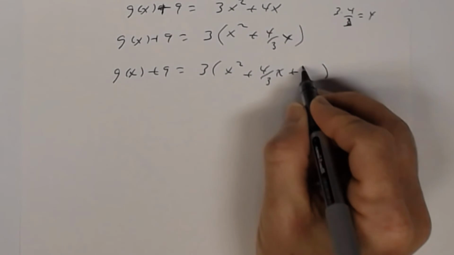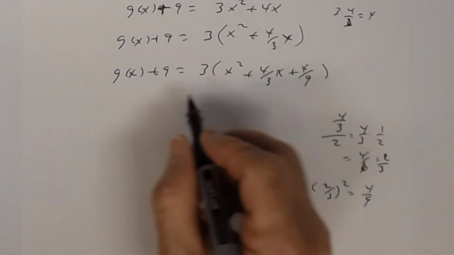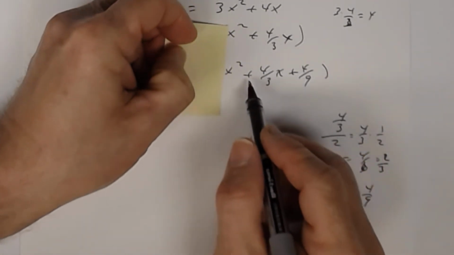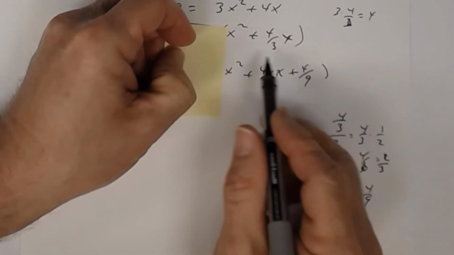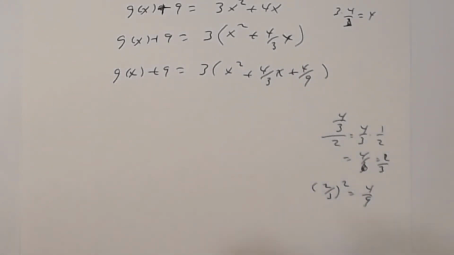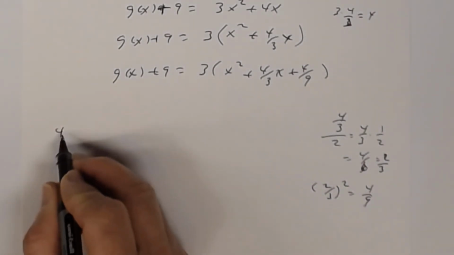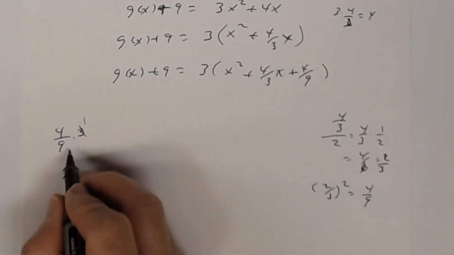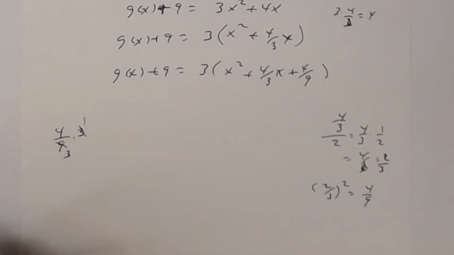And so you're going to add 4/9 here. But be careful, don't add 4/9 here, because remember that you're not really adding 4/9 to this right side of the equation. You're adding 4/9 times this 3. So you got to figure out, well, what is 4/9 times 3? Well, reduce, that is just 4/3, right?